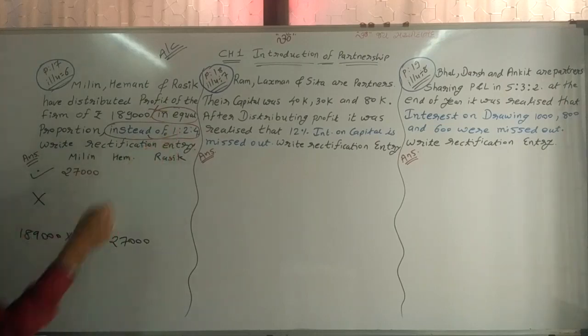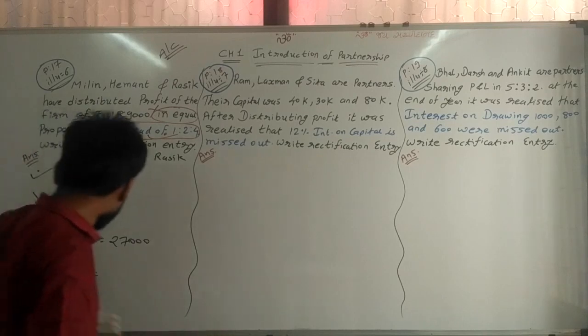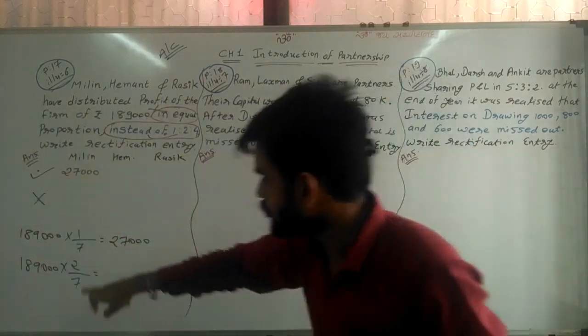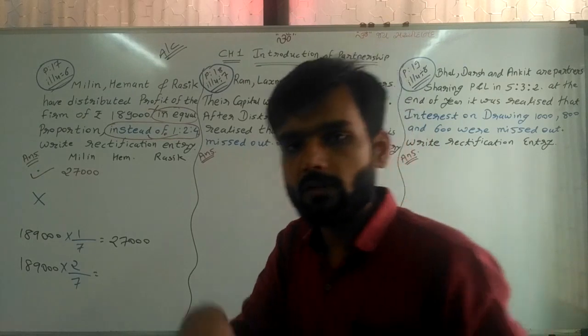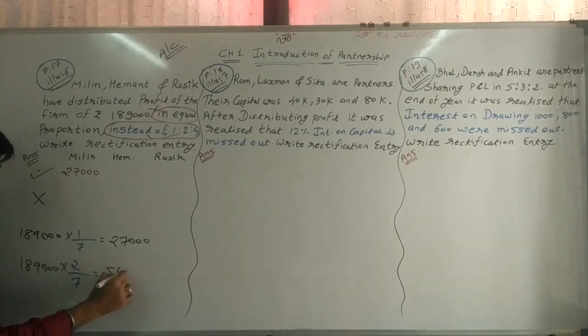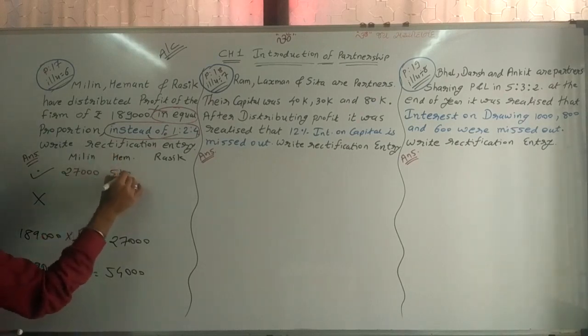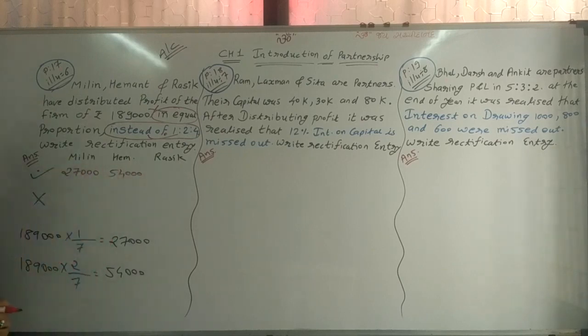Now for the second, sir, the portion is 2. 1,89,000 into 2 divided by the total 7. If you calculate 1,89,000 into 2 divided by 7, your answer will be 54,000. It is double of this: here 1, here 2. So Hemant received 54,000 legally, the correct entry.